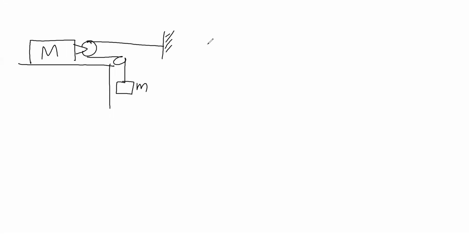The acceleration constraint is actually the most confusing part, because if you look at the string, it has a fixed length. So when block little m has gone down by a distance of d, block big M, it might take some thought to convince yourself, has only moved by a distance d over 2.